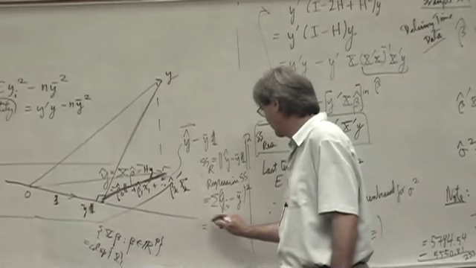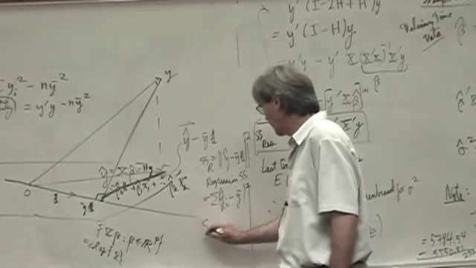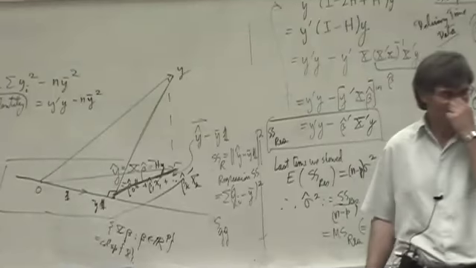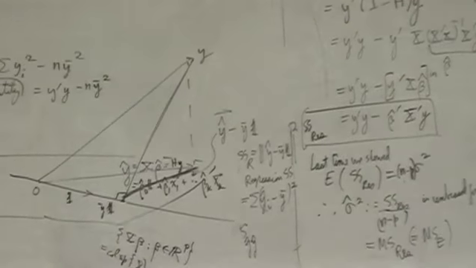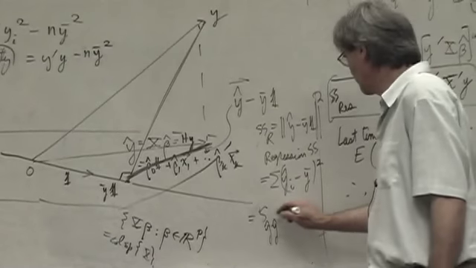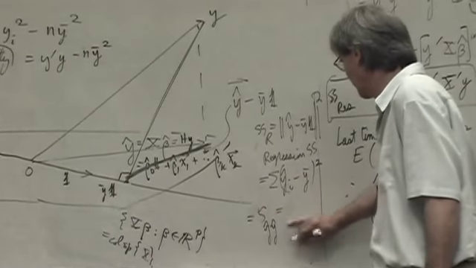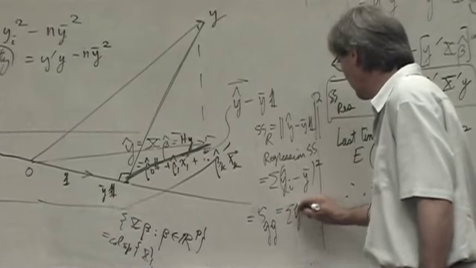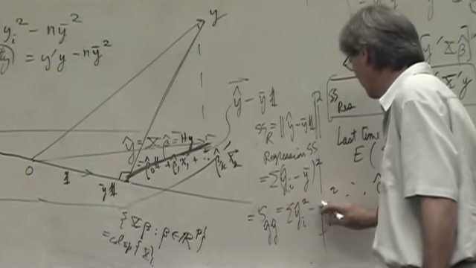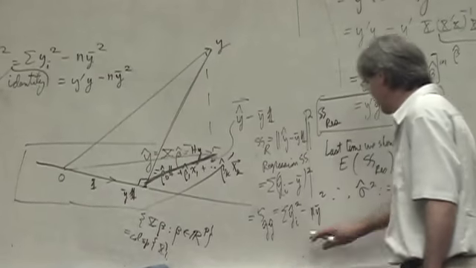So this is the total variability of the y hat. I could call it S sub y hat, yet another notation for it. The variability of the y hats is the summation of y hat squared minus n y bar squared, and the sum of y hat squared is the same thing as y prime y hat.